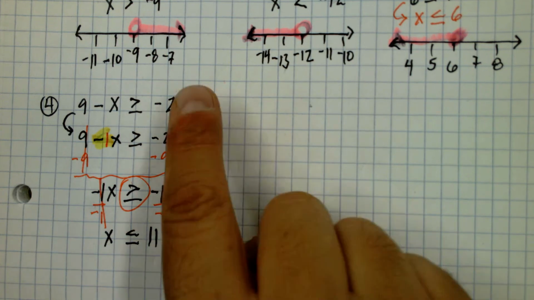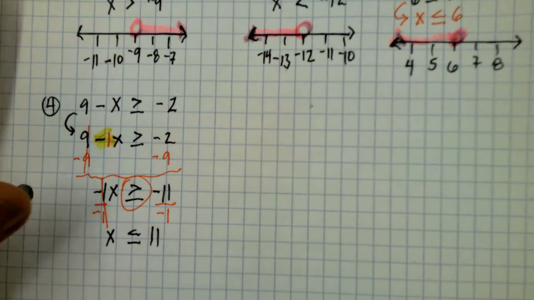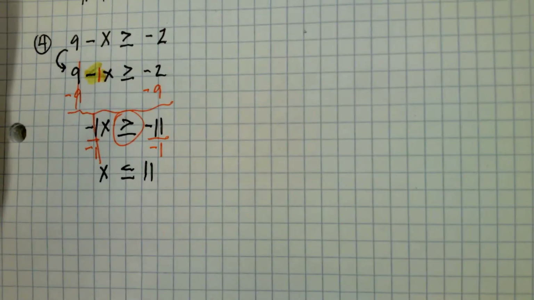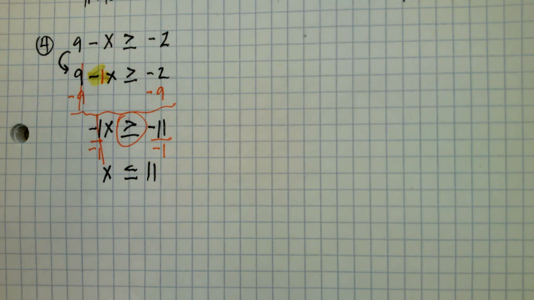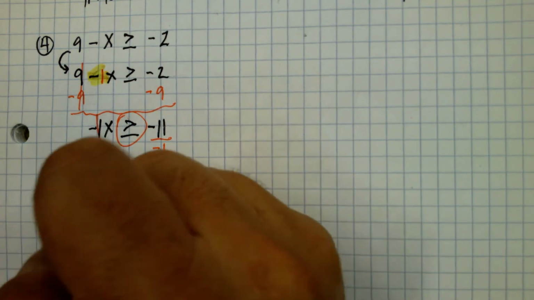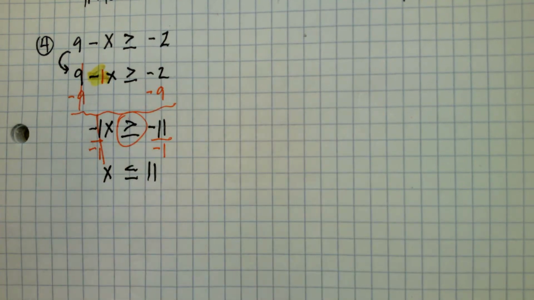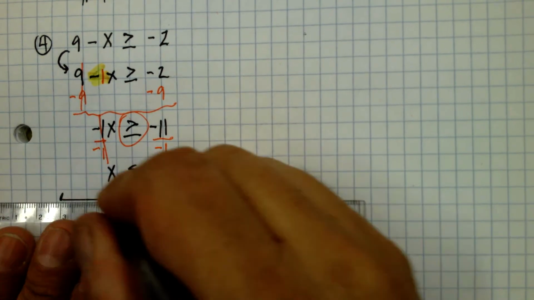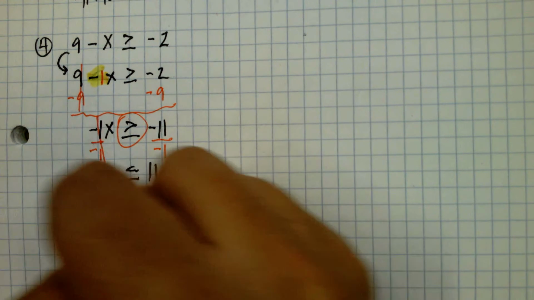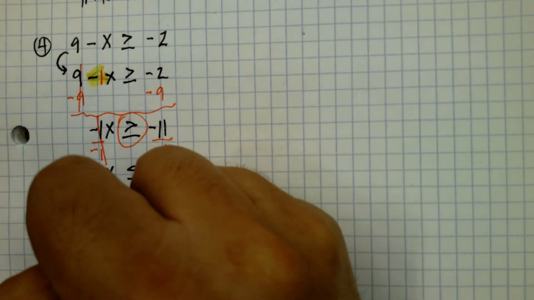Okay? Wow. Just notice I've done a lot of less than stuff. Okay. So let's just go ahead and write this down. We have a number line that looks like this. The star of the show is 11.